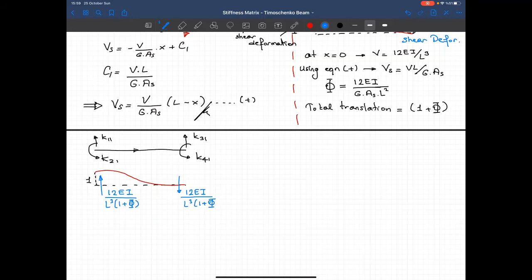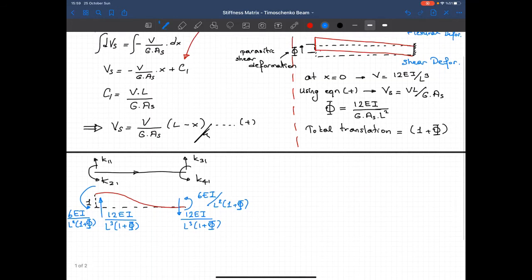And then the moment, this moment is 6EI over L squared times (1 plus phi), and this moment is 6EI over L squared times (1 plus phi), right?